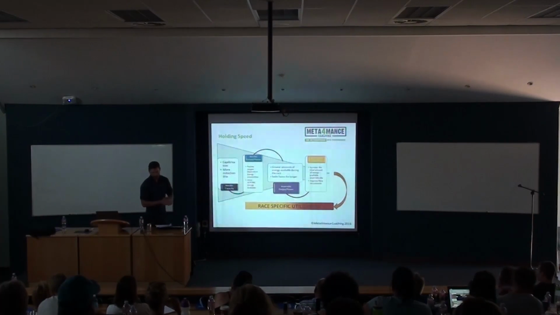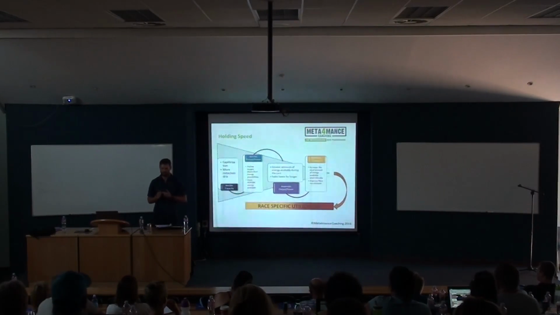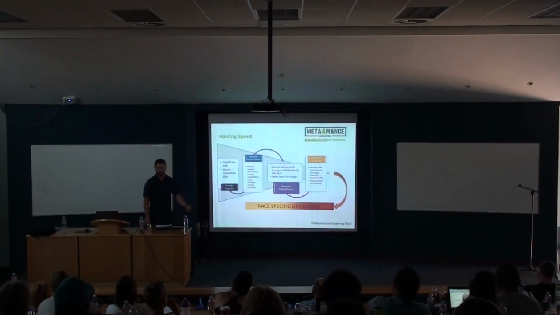So if I want to just quickly use an example, if we wanted to inflate a balloon, we want to get that balloon to be as big as possible before it bursts and before it loses its elasticity. And that's these four. That's filling the balloon up. Race-specific utilization, that's when we race.